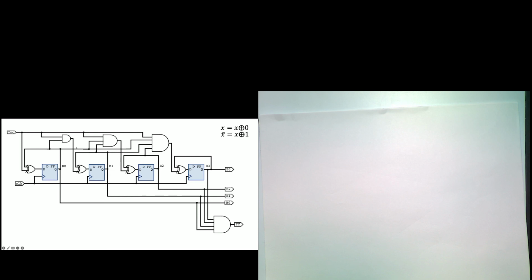For B1, we will advance only if B0 is 1 and we are told to count. For B2, we need the AND of INC and the previous 2 bits. And for B3, we need an AND of 3 of the previous bits with the INC. So you can see this very regular structure here, and we could keep going. Right? You could easily add a 5th flip-flop and a 5-input AND gate to get your 5th bit.